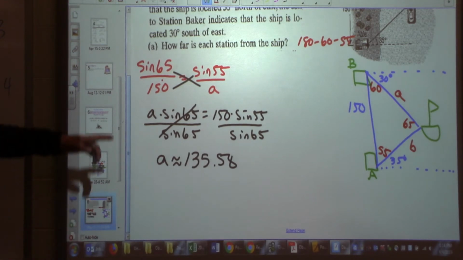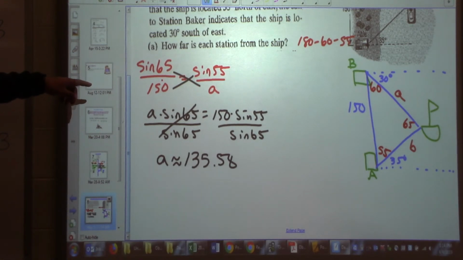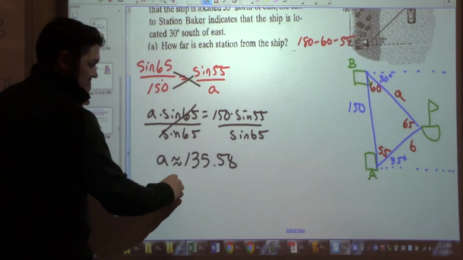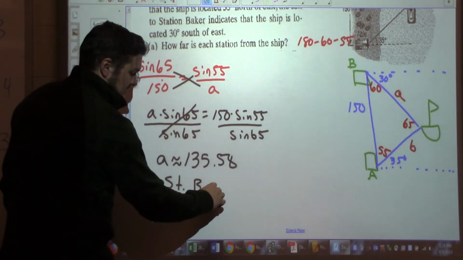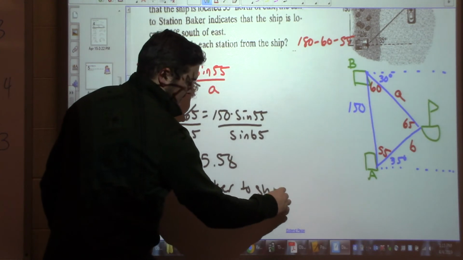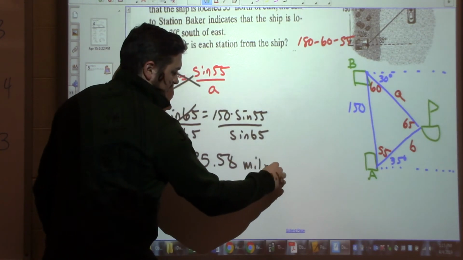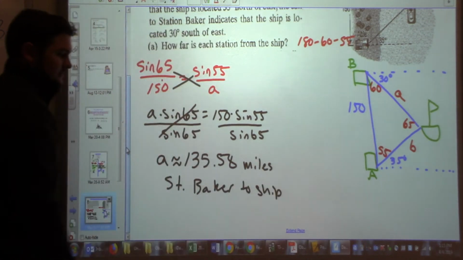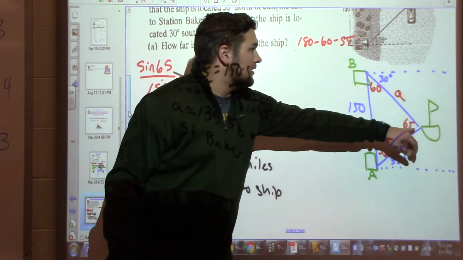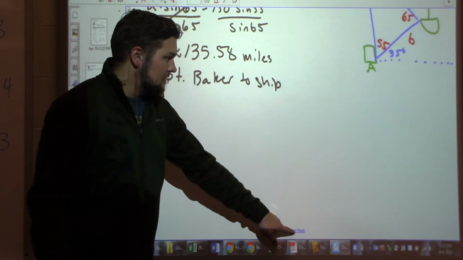Oh, because I accidentally had 100 on the board earlier. It's supposed to be 150. Oh, that's my fault. I messed Patrick up. It's fine. So from Station Baker to the ship is 135.58 miles. Now I need to figure out how far it is from Station Able to the ship.